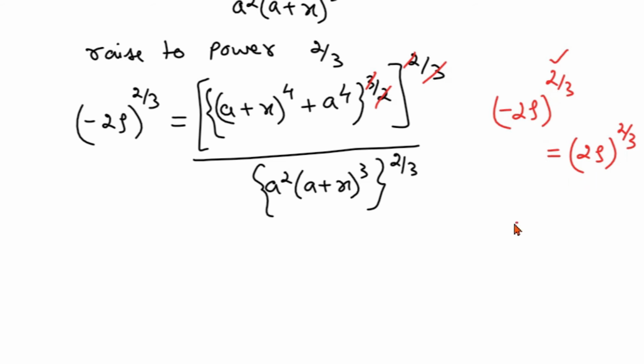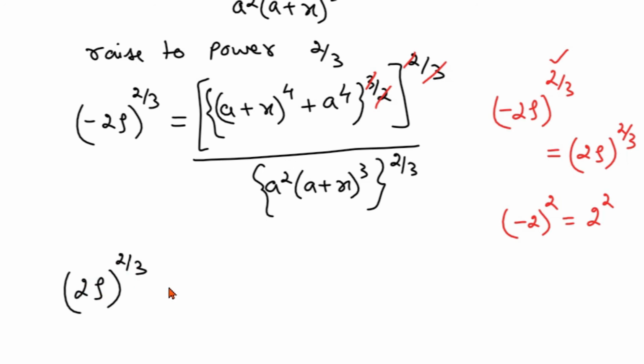Like if you have minus 2 raised to the power of 2, you can write this value to be equals to 2 squared, positive 2 squared. So in the same way, you can write here (minus 2ρ) to the power of 2 by 3 can be written as plus (2ρ) to the power of 2 by 3. So therefore, on the left hand side, we have (2ρ) to the power of 2 by 3.